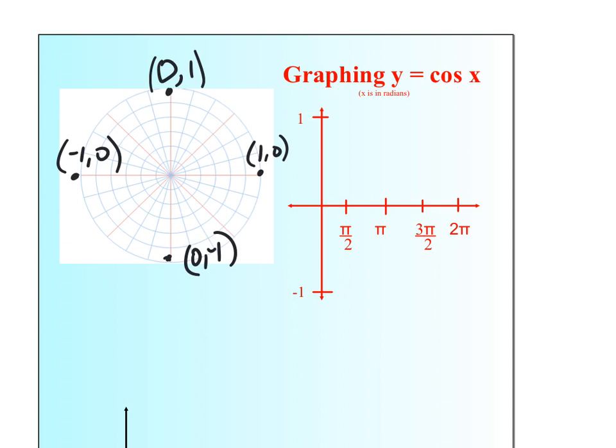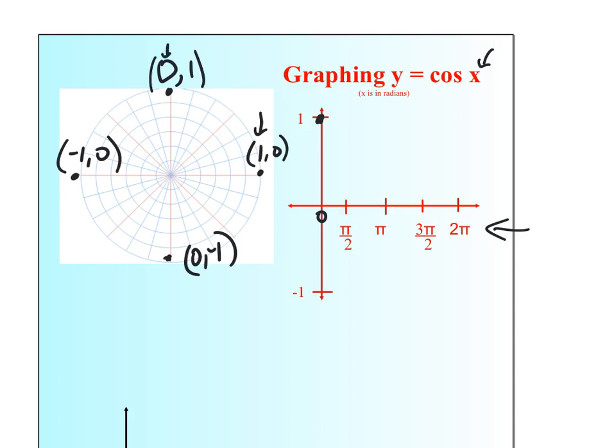And now if we want cosine's dots, it always starts, instead of starting at 0, starts at 1. How do I know that? Because at 0, the angle is going here, that's the x-axis, right? At 0, this time, the cosine is the x value, and therefore it's 1.